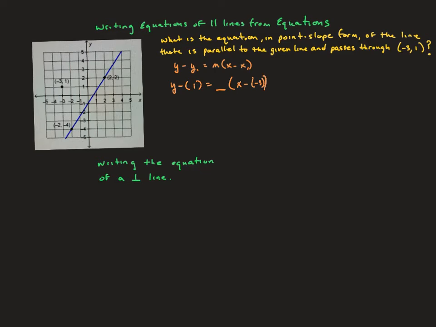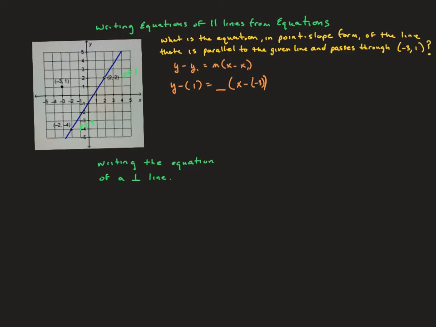Now I need to figure out what my slope is. If I look here, I do have 2 points with which to calculate my slope, and we'll just call this point 1, point 2.